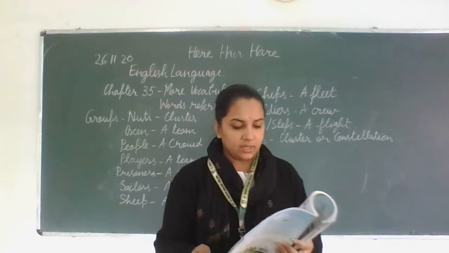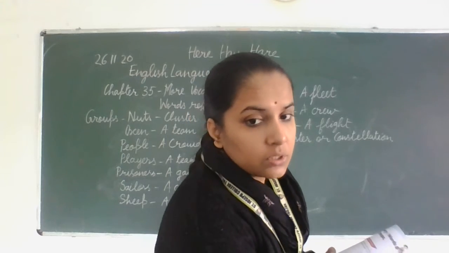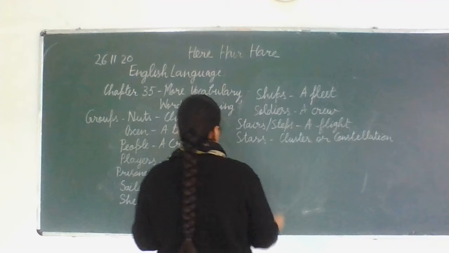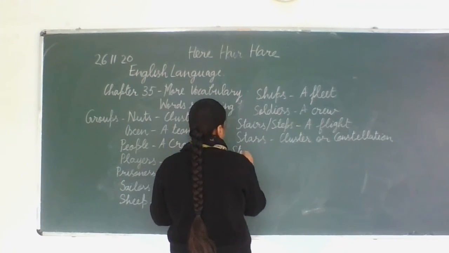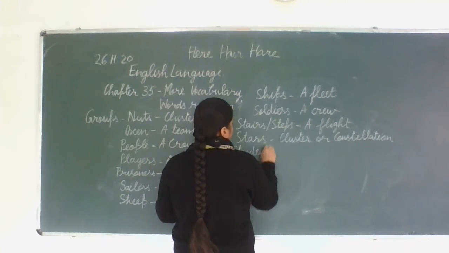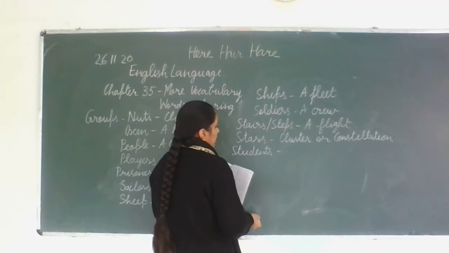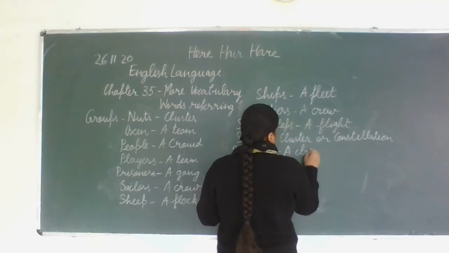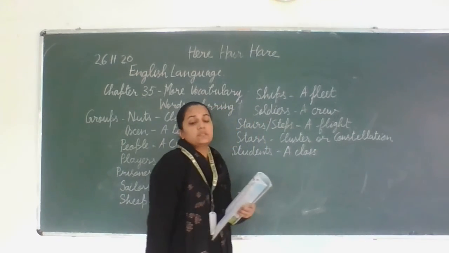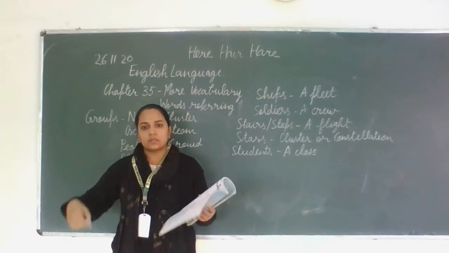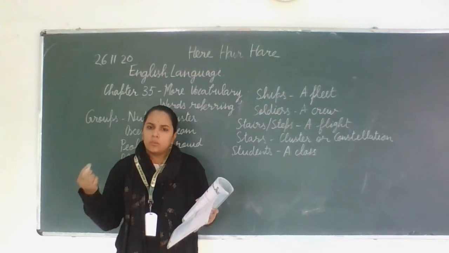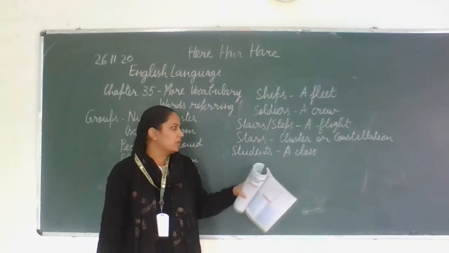The next one is students. A group of students is known as a class. This you must have experienced in your classes that when the teacher wants to address the students all together, very less that the teacher calls students.